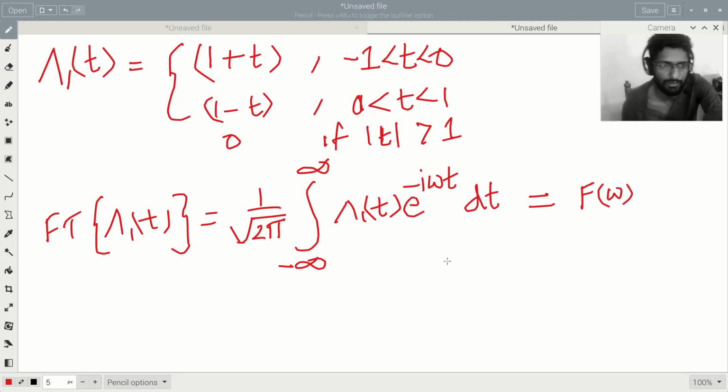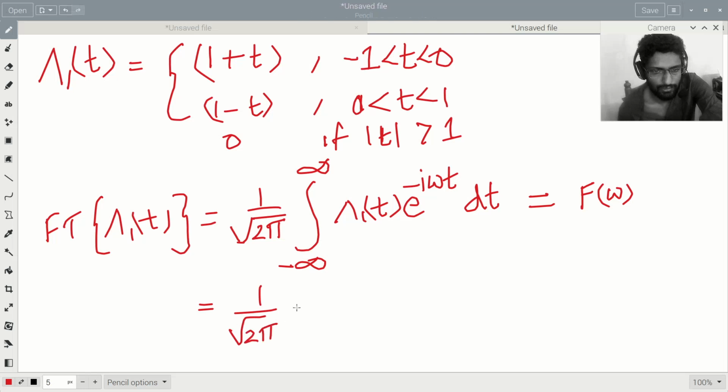So we are transforming a function in time to another function in omega. Now since the value of the function is 0 for t less than minus 1 and t greater than 1, we are not going to write that, we are just writing the simplest form. This is equal to 1 by root 2 pi.